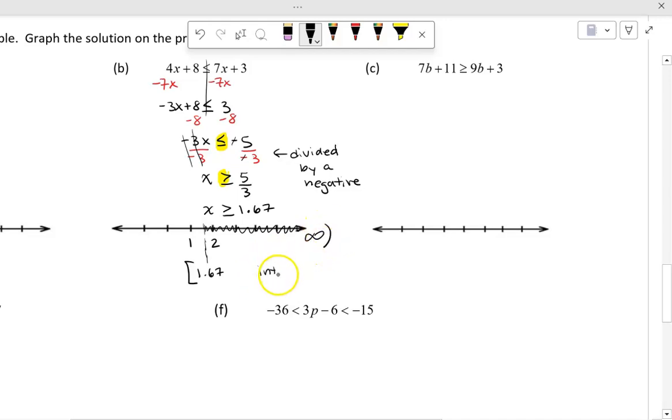So my interval notation, which is my entire goal, is going to be, you can put 1.67 if you want to, but now that I already have it on my number line, I'm going to go back to 5/3. 5/3 is the lowest, infinity is the highest. That's my final answer. Make sure you use a bracket next to 5/3 because you're allowed to equal 5/3.